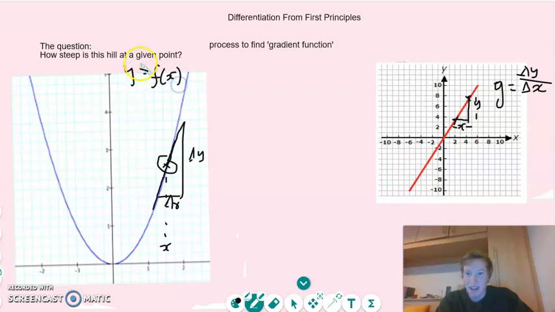So that just means the height y is some function of x. In this case it's normally x squared, but I'm going to keep it general as f of x. So if the x coordinate is x, then that means the y coordinate is f of x. So one point on the tangent is going to be x, f of x. That's our point of interest.